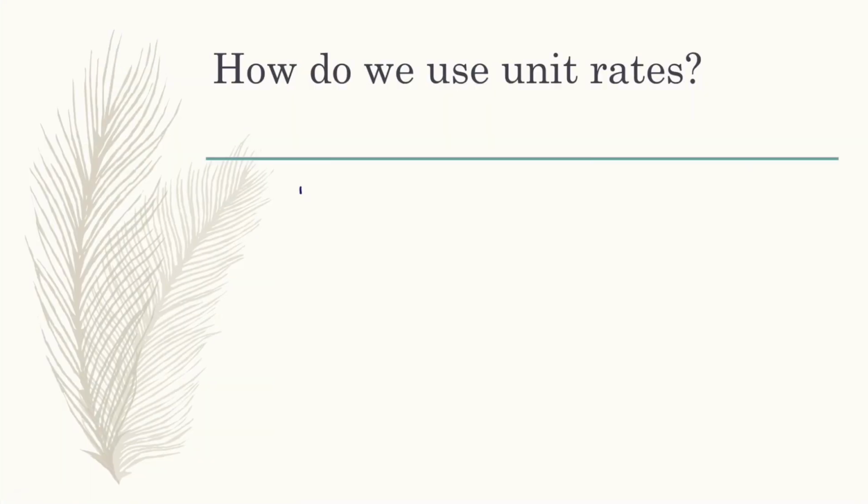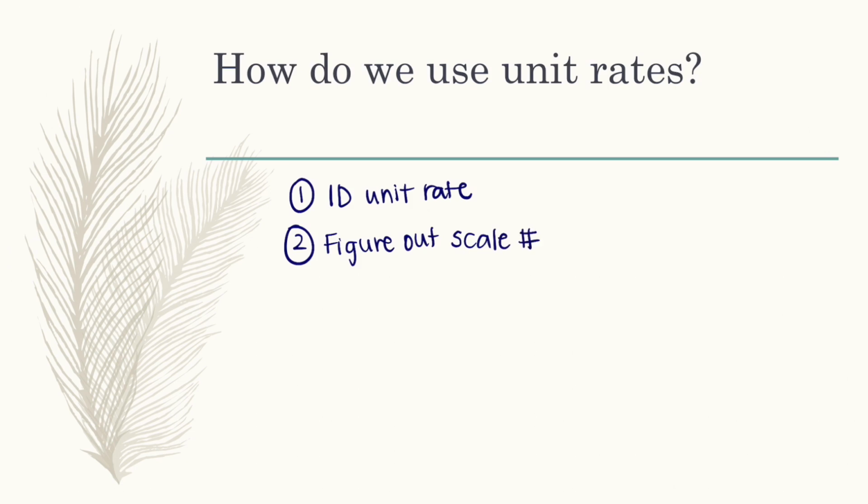We use unit rates by first identifying the unit rate. Second, we figure out our scale number, which is what we multiply by.